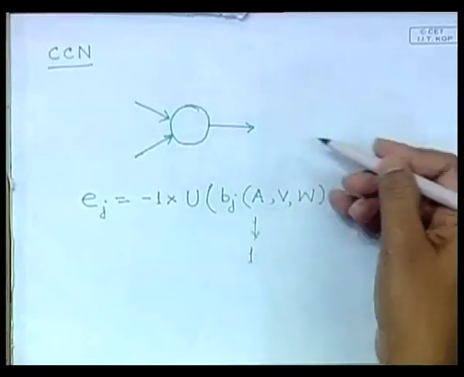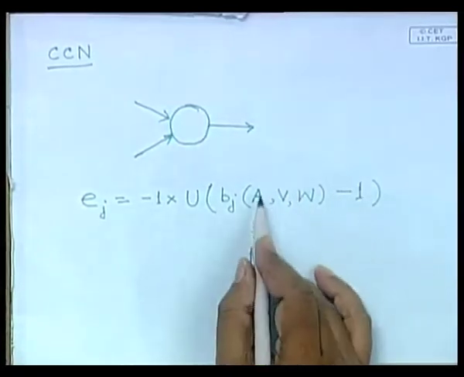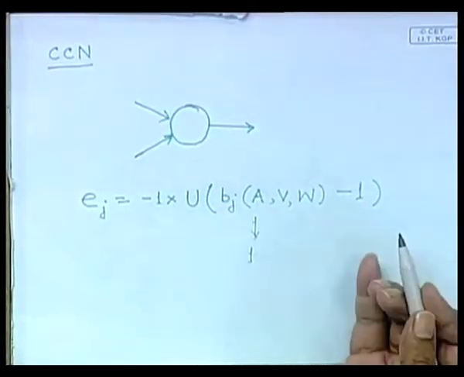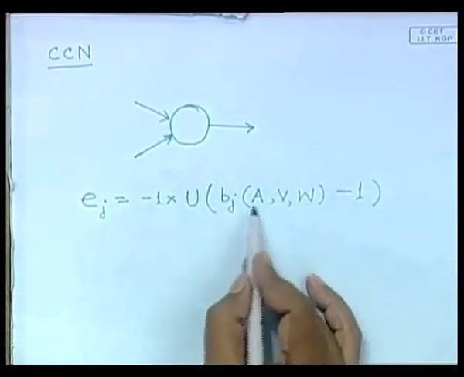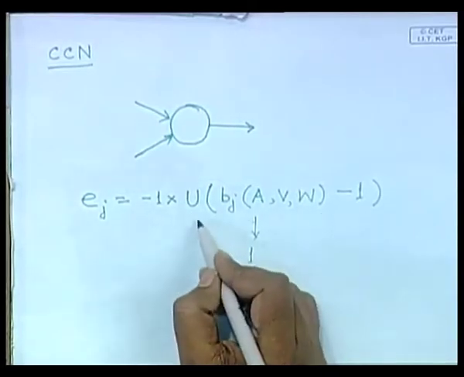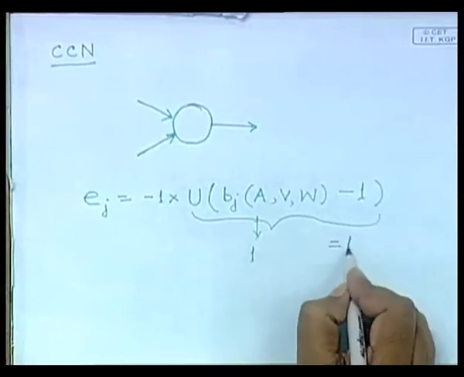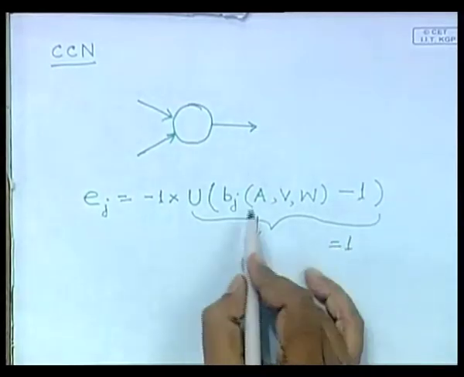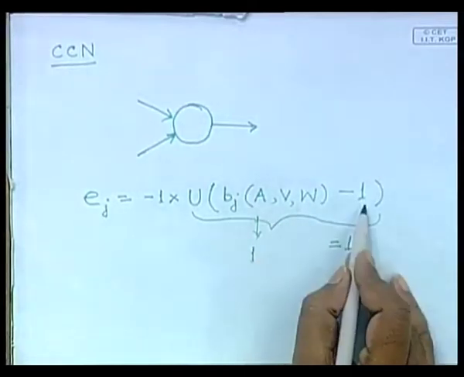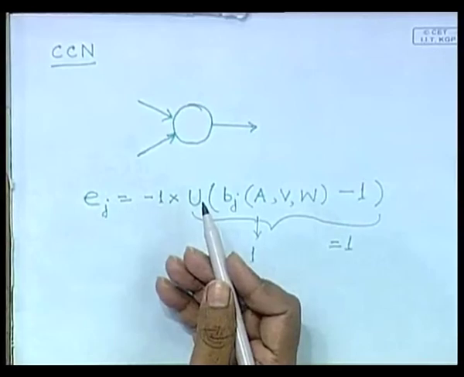If it falls outside this, then the value of this will be equal to 0, indicating that there is no compensation. And if it falls within this, then what is the amount of compensation? The value of this function u is equal to 1 if it falls within the contained region, because then only this argument value is equal to 0. That means the value of E j will be equal to minus 1. Okay.